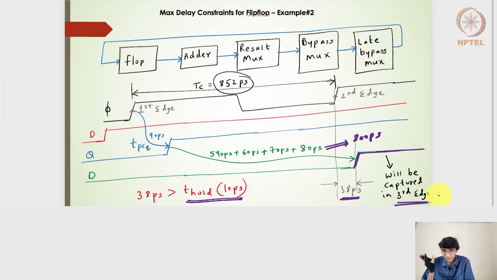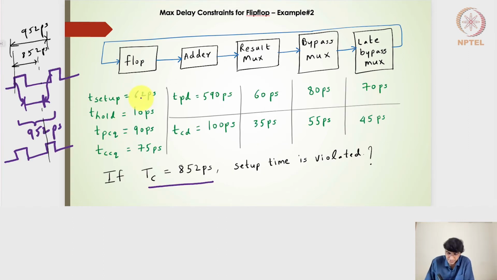The setup time failure effects happen only if my output actually reaches somewhere between the setup time duration and the clock edge. So let's say that the setup time is 62 picoseconds, right?